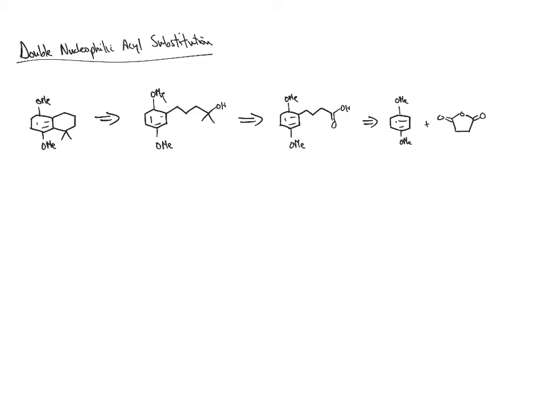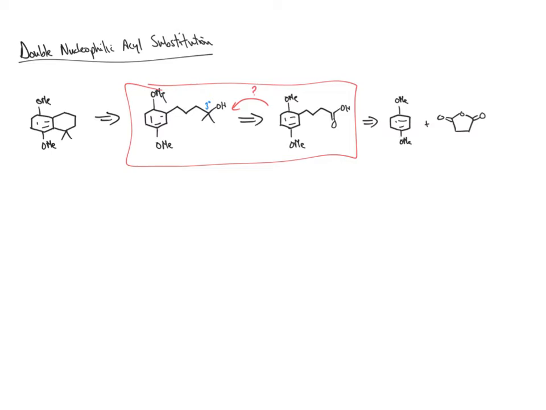So the real question here is, how would we perform this transformation? How do we take the carboxylic acid and make the dimethylated tertiary alcohol?